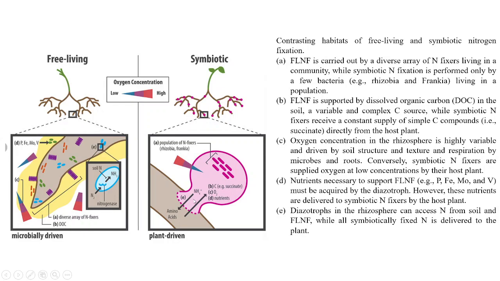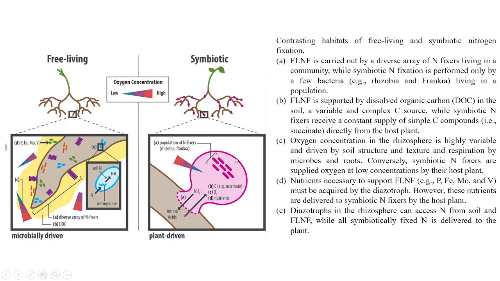We know the meaning of symbiosis, right? Symbiosis means a relationship where both parties benefit from each other. So the plant benefits from the bacteria, and the bacteria also benefit from the plant. What is the benefit the plant is getting? The bacteria is taking nitrogen from the atmosphere and fixing it for the plant. That's a huge benefit. In return, the plant is giving all these substances to the bacteria.